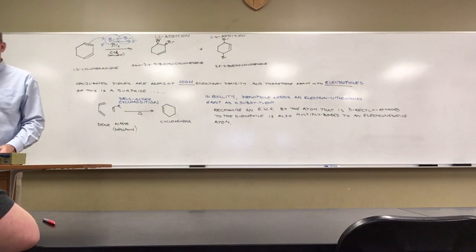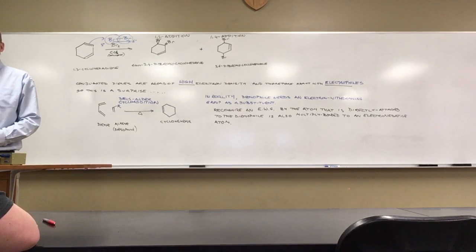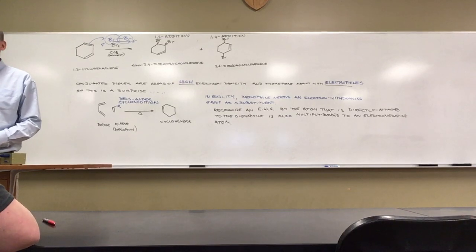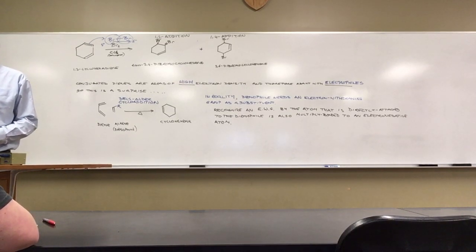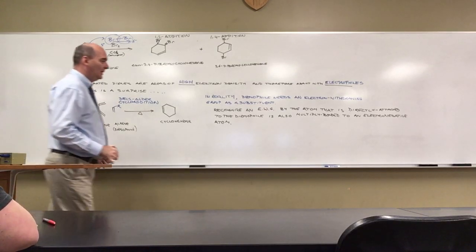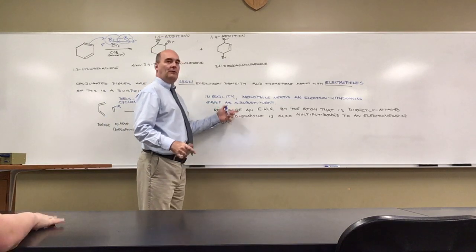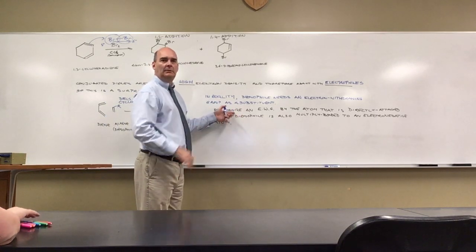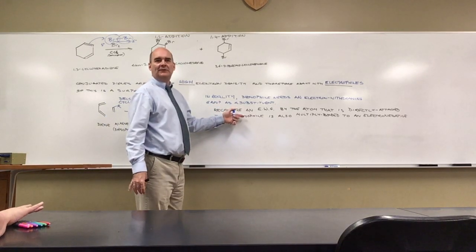All right, periodic table. What's our most electronegative atom? Fluorine. How many bonds can fluorine make? One. Can anything therefore ever be multiply bonded to a fluorine? No. Fluorine can only make one bond at a time. Therefore, fluorine, chlorine, bromine, iodine, not part of this conversation.